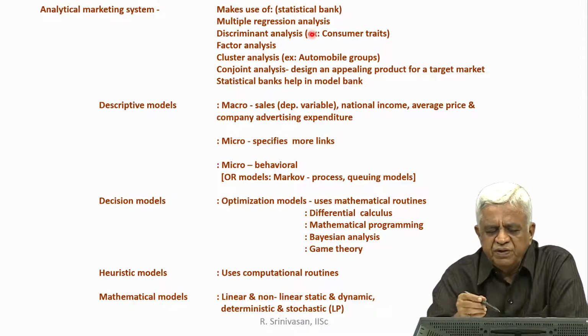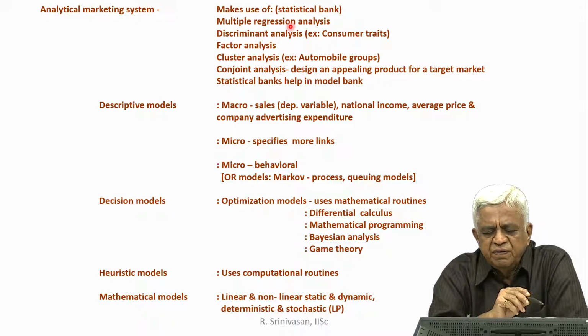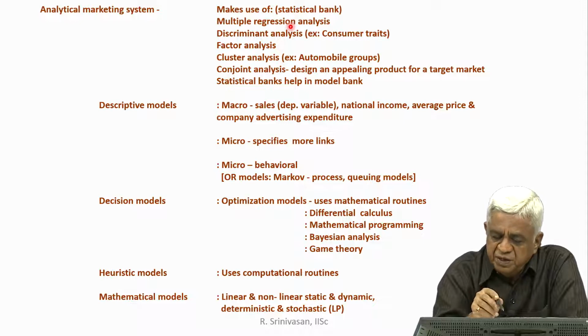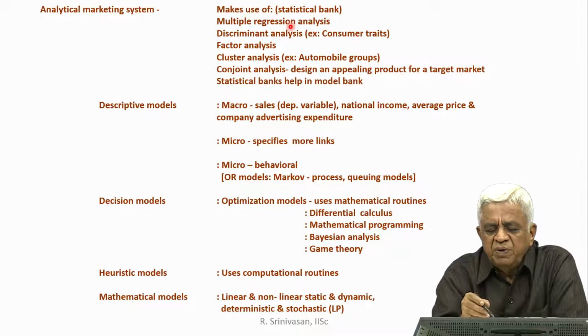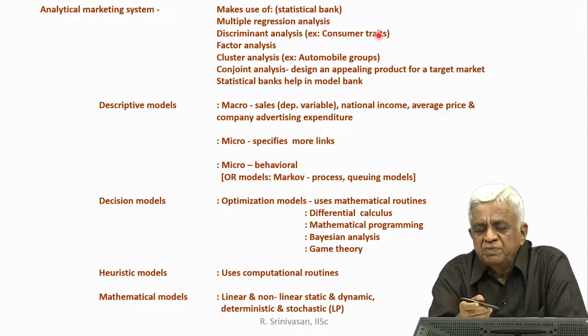Then the second one which we make use of is the discriminant analysis. Factor analysis is the third. What do we mean by discriminant analysis? We are looking at consumer traits. What could be an example for this?